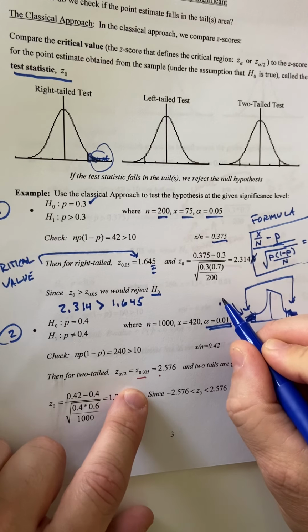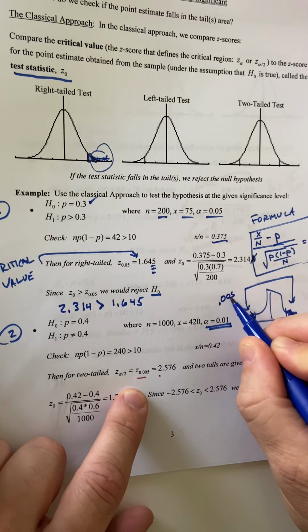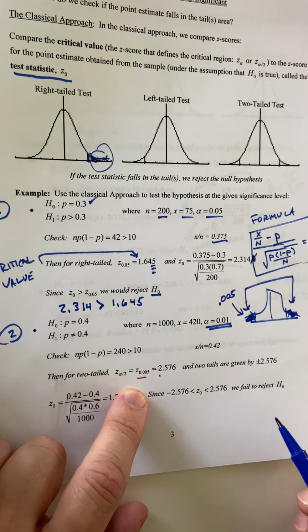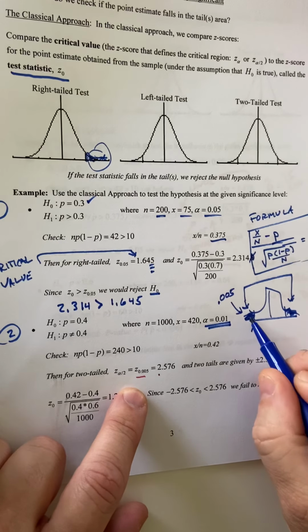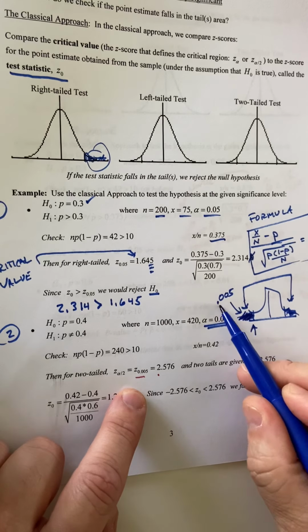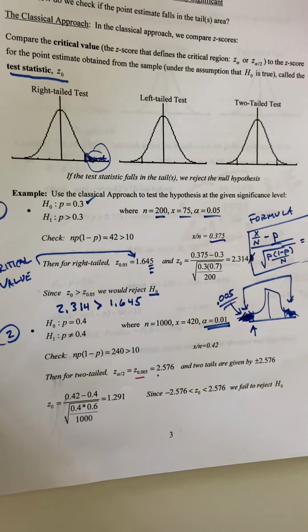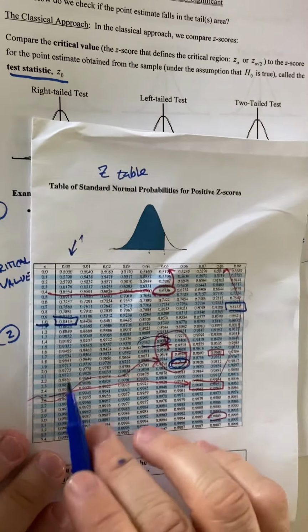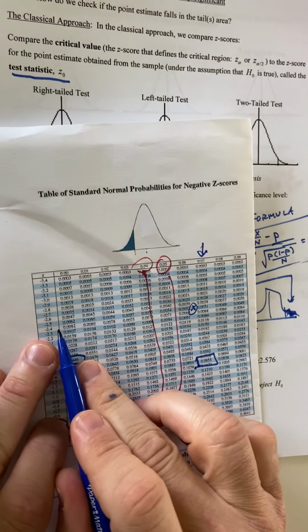So changing 0.5% into a decimal is 0.005. Our Z table looks up area to the left, so we're looking up an area to the left of 0.005.